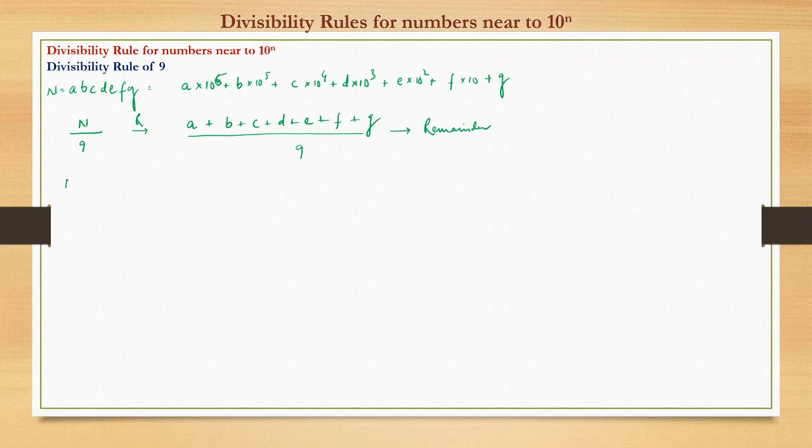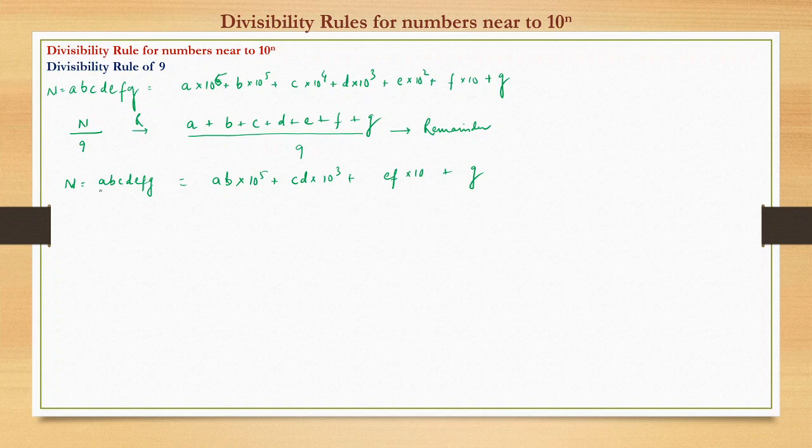Now can we also not write a b c d e f g as ab into 10 raised to power 5 plus cd into 10 raised to power 3 plus ef into 10 plus g?